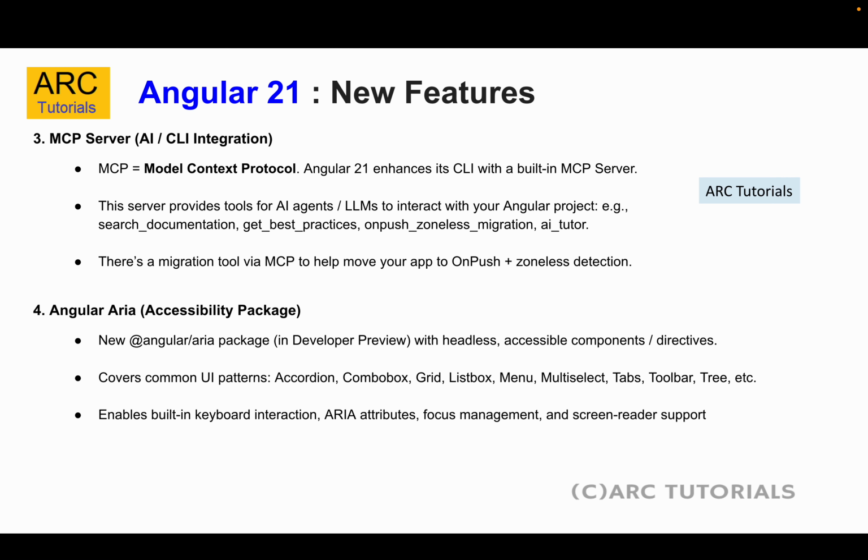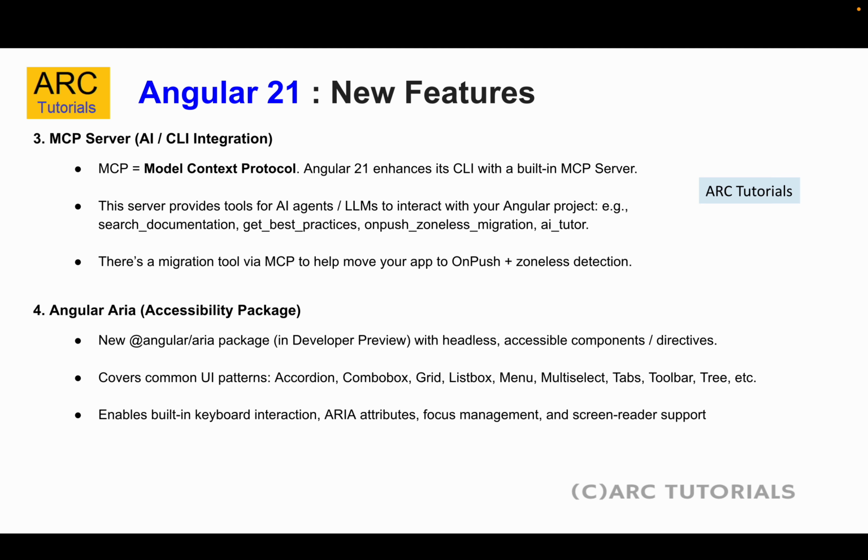The next is my personal favorite, which is the Model Context Protocol. What is the Model Context Protocol? A quick overview: if you want any AI agent to talk to your Angular application, or if you want your Angular application to integrate with any large language models or other AI agents, that's where MCP comes into the picture. It's a standard for how AI agents talk to each other.